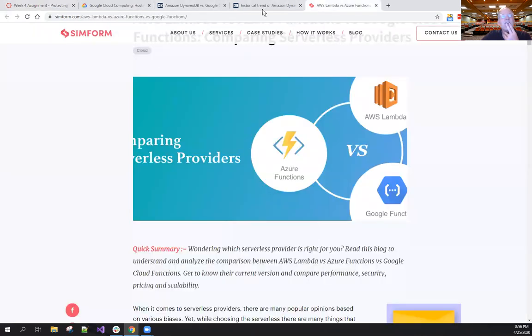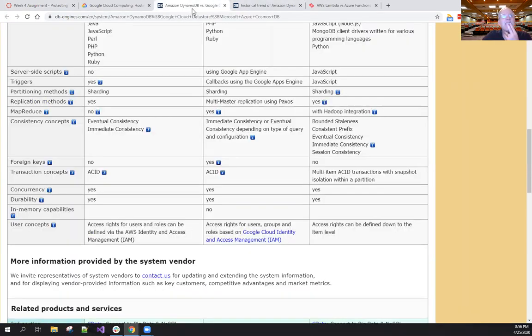That is right here. User concepts, access rights for users and roles can be defined via the AWS identity and access management. Now, I haven't spent a lot of time on that part of this assignment, ACLs. Let's hold off on that until we decide on which one we're going to go with.